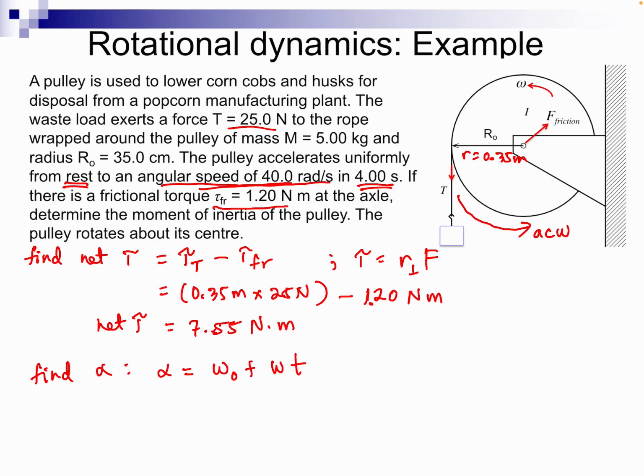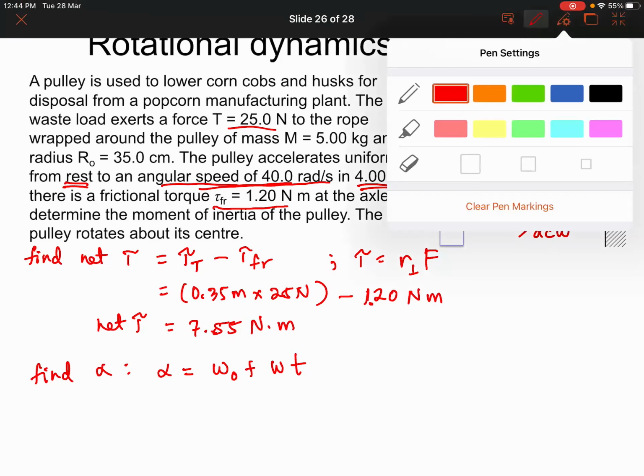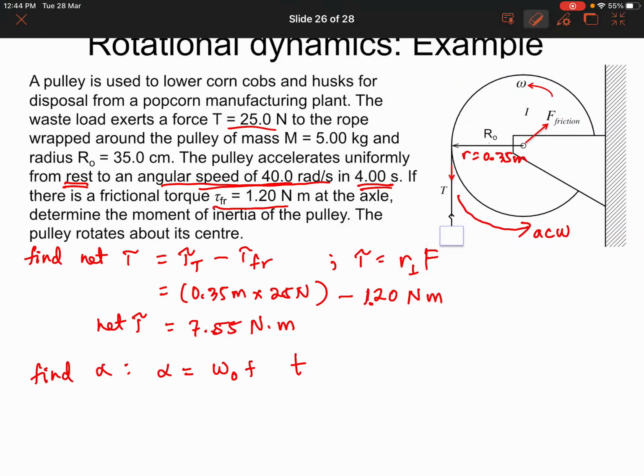Final angular velocity equals initial angular velocity plus alpha t.